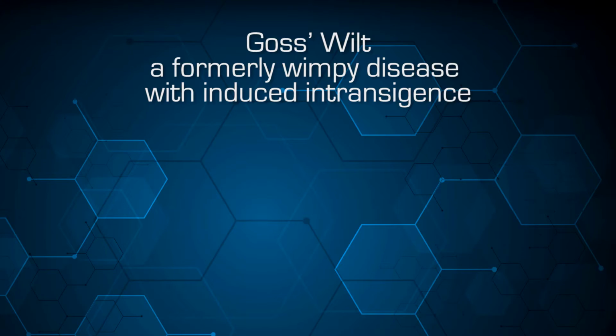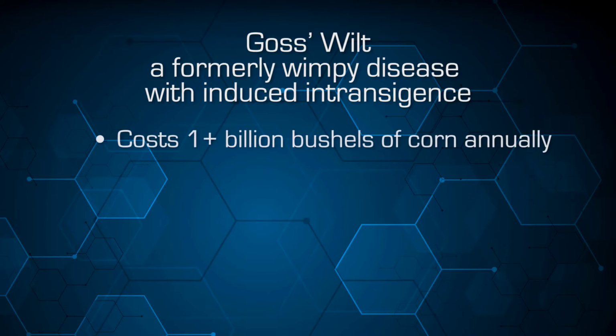With Goss's wilt, it's not on most plant pathologists' lists because it's been considered a very wimpy disease, a very minor disease of very little consequence, even though it costs us as much as 1 billion bushels of corn a year in our production.